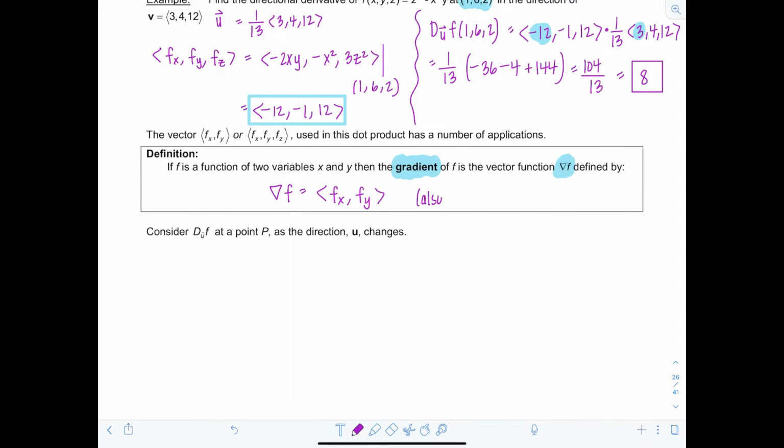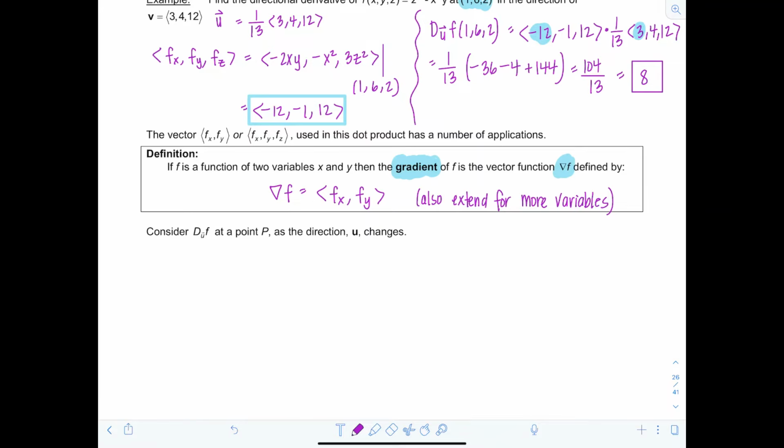You can also extend this for more variables. Now we're going to study this gradient in more depth for the remainder of this lesson.